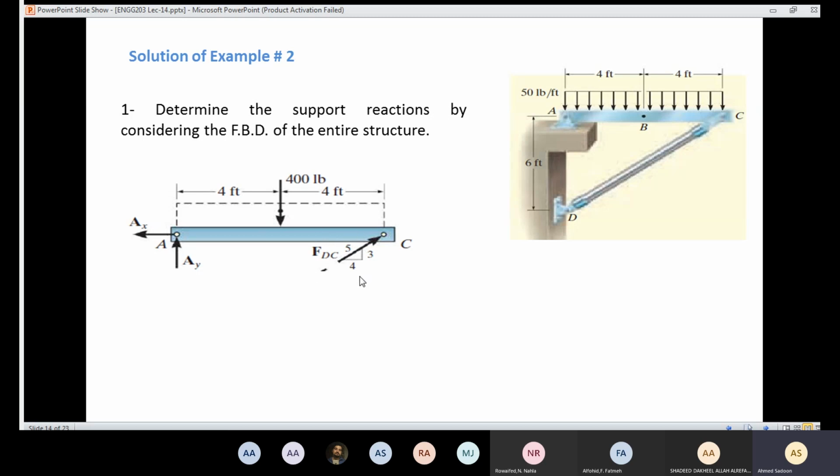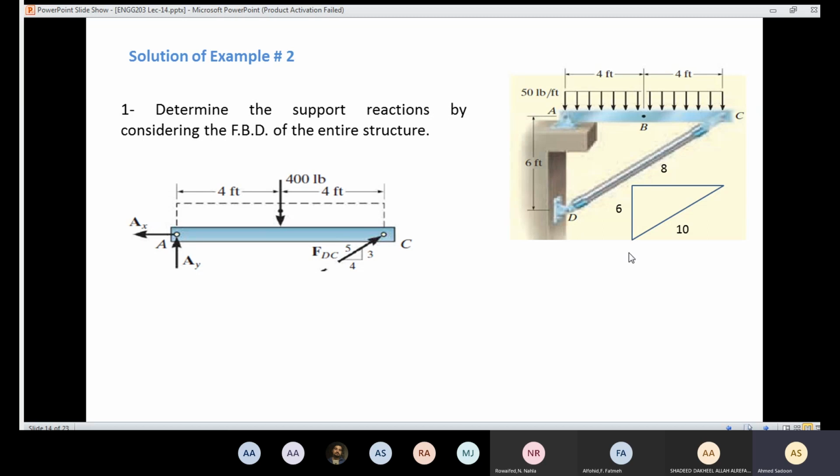So how did we get this? Like you can see here, the distance here is 8 and the distance here is 6. That means the distance here should be 10 feet. So here we have 8, here we have 6, and here we have 10. We can use that triangle, but he chose 3, 4, and 5 because 8 over 10 is the same as 4 over 5, and 6 over 10 is the same as 3 over 5.